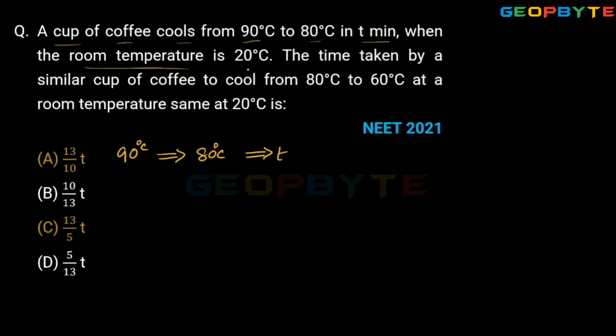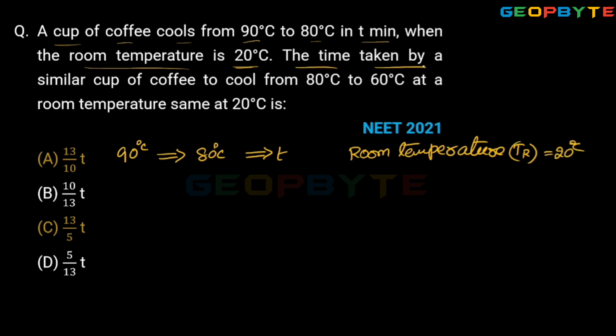When the room temperature is 20 degrees centigrade, let room temperature mean surrounding temperature. Let it be TR, given as 20 degrees centigrade.